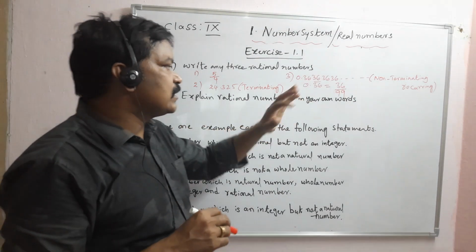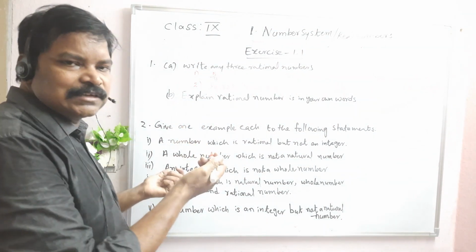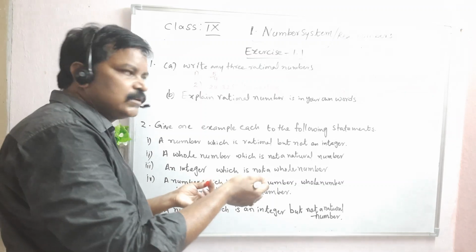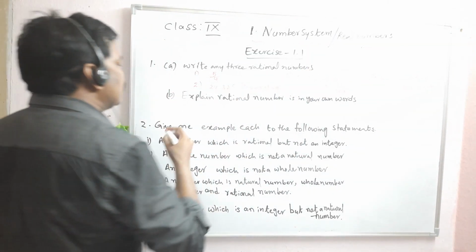Explain rational number in your own words. I have already given a definition, no? That you can write, terminating or non-terminating, anything you can write, right?